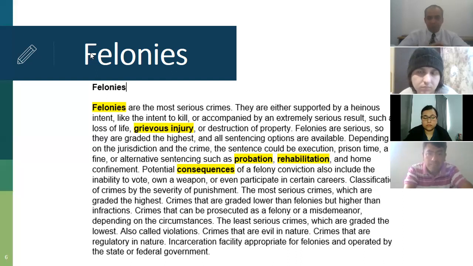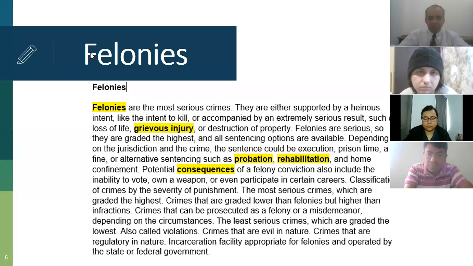Classification of crimes by the severity of punishment. The most serious crimes, which are graded the highest. Crimes that are graded lower than felonies, but higher than infractions. Crimes that can be prosecuted as a felony or a misdemeanor, depending on the circumstances.